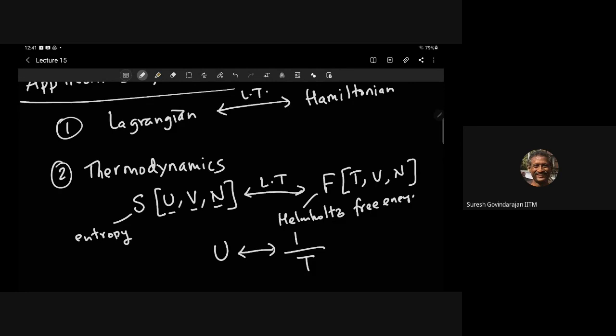So ask which state function should I use? It depends on the experiment you're doing. Suppose you're doing an experiment where the control parameters are temperature, volume, and number of particles. You're fixing all these things and controlling temperature, then the Helmholtz free energy is the correct one. But if you're not controlling temperature, but you're doing something to keep the system at fixed internal energy U, then the entropy would be this thing.